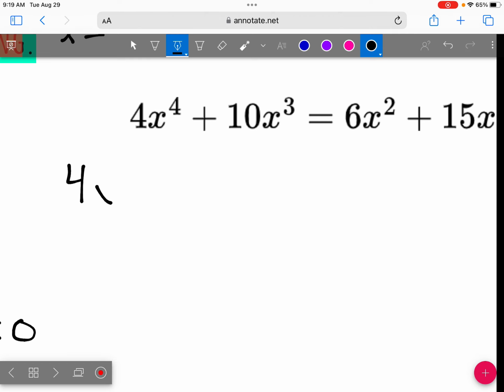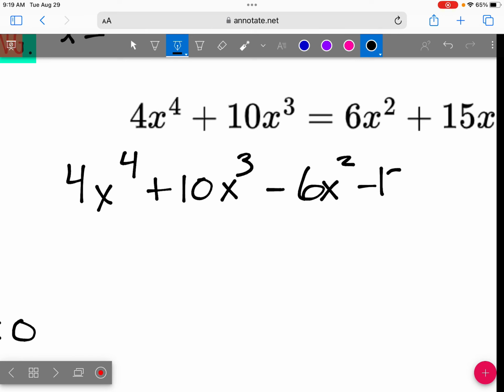So 4x to the 4th plus 10x cubed minus 6x squared minus 15x equals 0. Do not drop the equal sign because we scooched stuff over. The equal sign is there. The equal sign stays there.